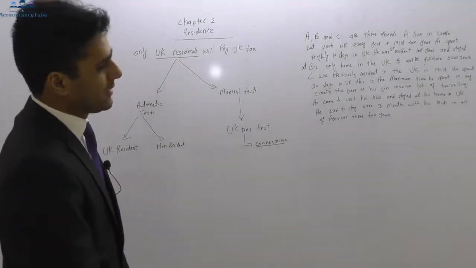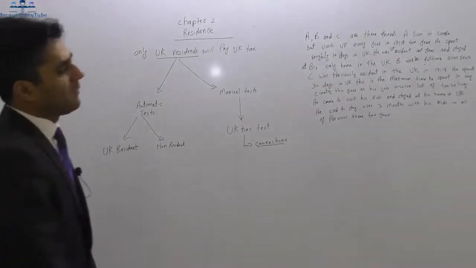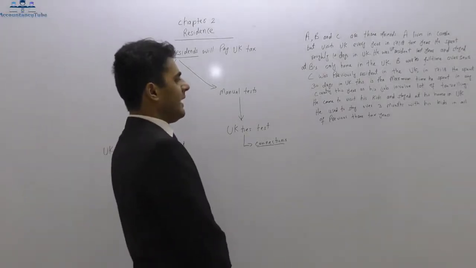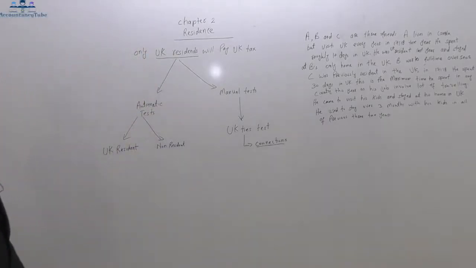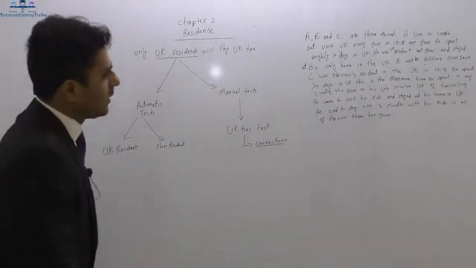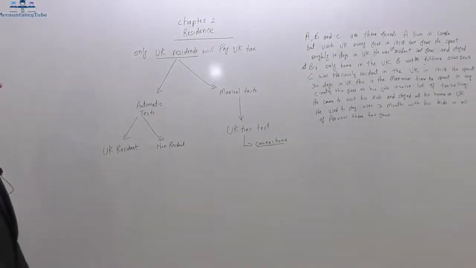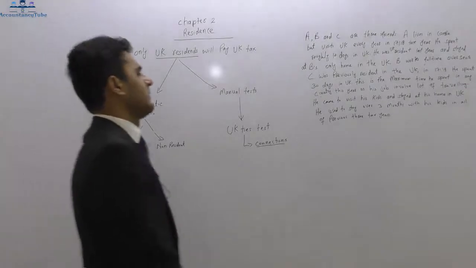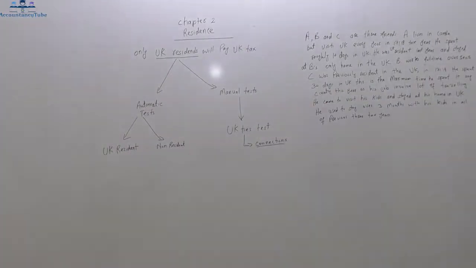This is the maximum time he spent in any country this year, as his job involved a lot of traveling. He came to visit his kids and stayed at his home in the UK. He used to stay over 3 months with his kids in all of the previous 3 tax years. All right. So just try and have a go at this example.